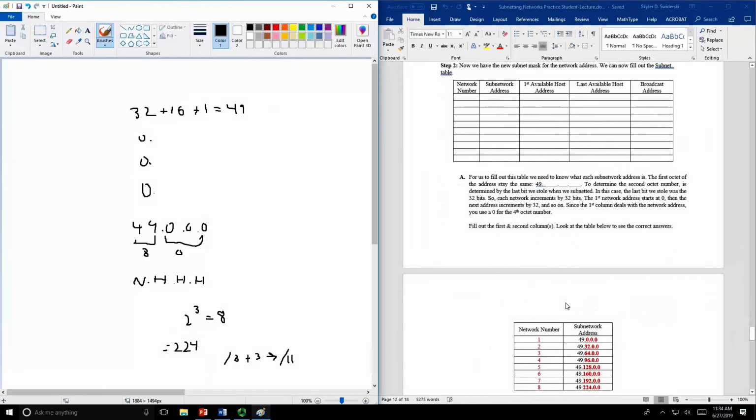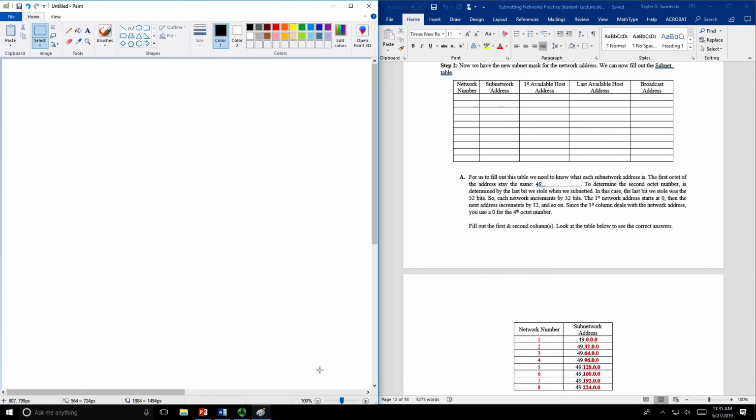Now we begin to fill out the IP table. The IP table is slightly different, but the same principles apply. Instead of keeping the first 2 octets the same like we did in Class B, in this case we will only make sure the first octet stays the same. The other 3 will be different.